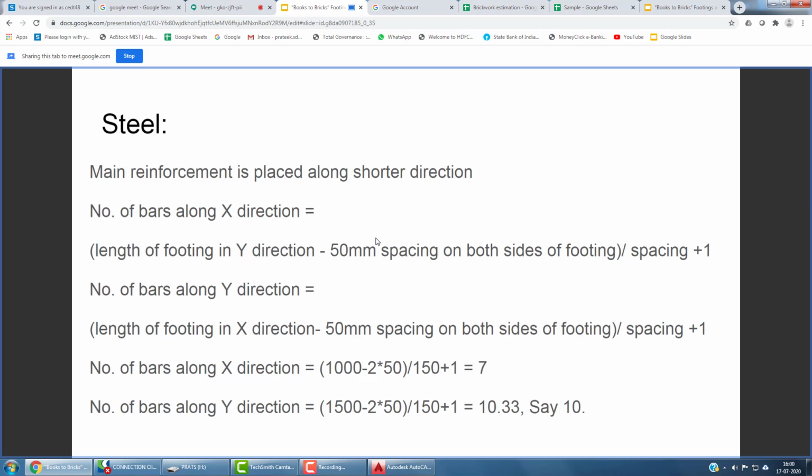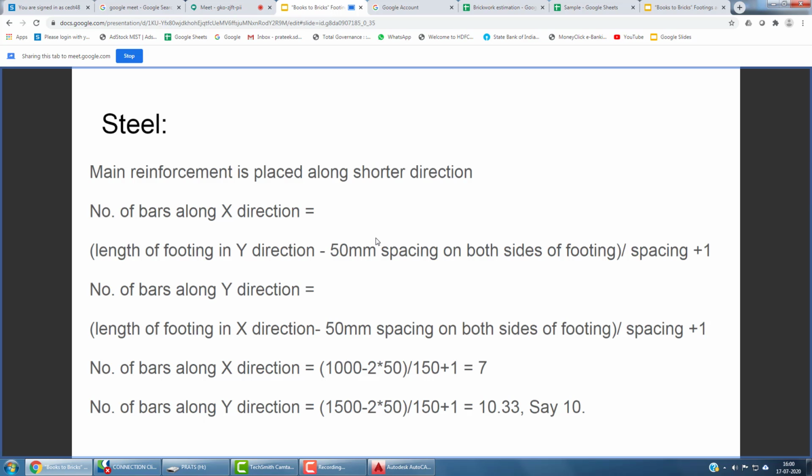So now you have to calculate and tell me the number of bars. Your dimension in x direction is 2.25 meter.